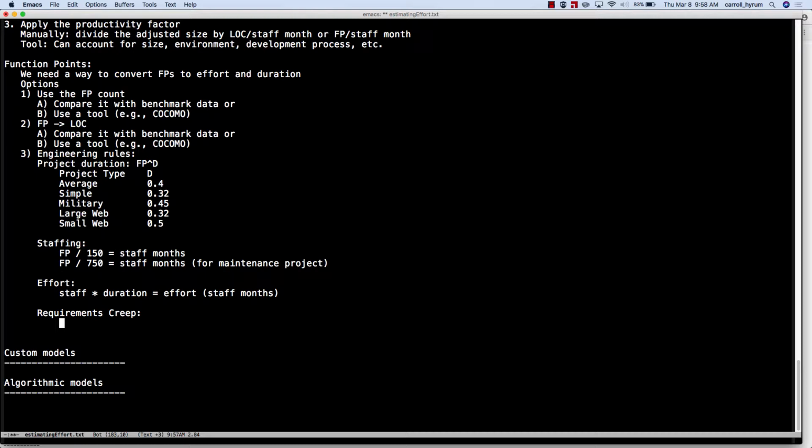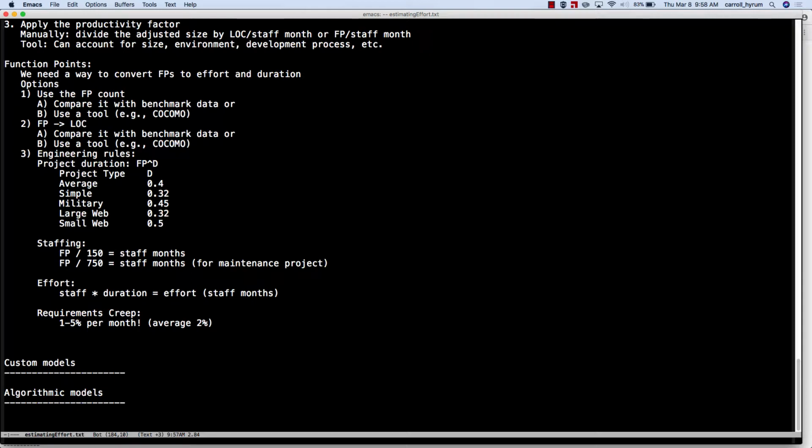This just amazes me: it's 1 to 5% per month. And you might say, well, that's really small, Dr. Carroll, what's the big deal? Good to know: if you don't know what your customer or your management is like, just use 2% for an average.